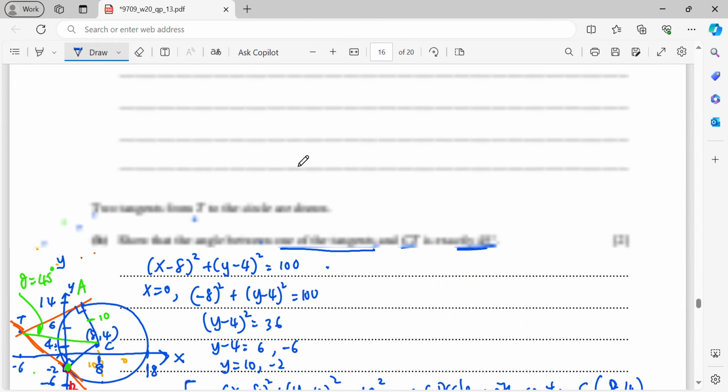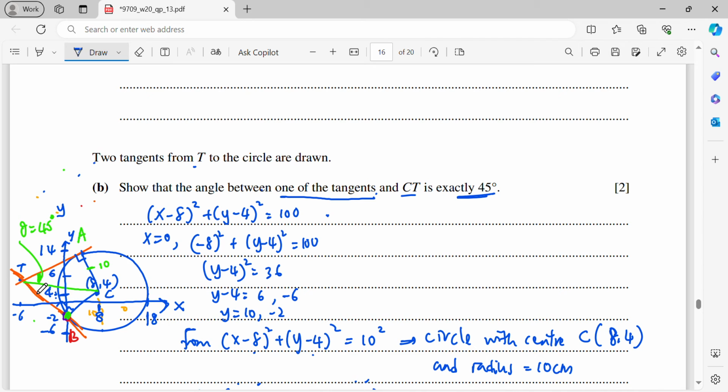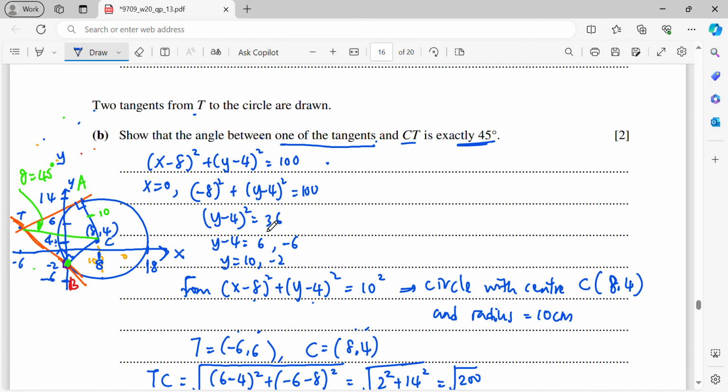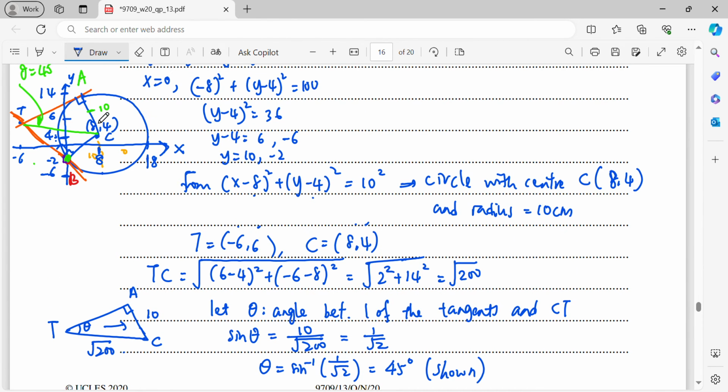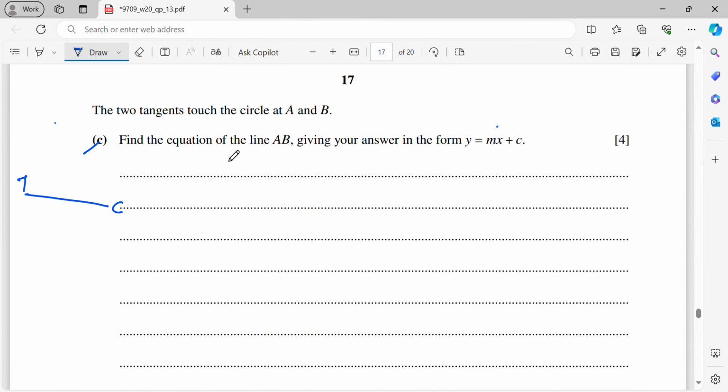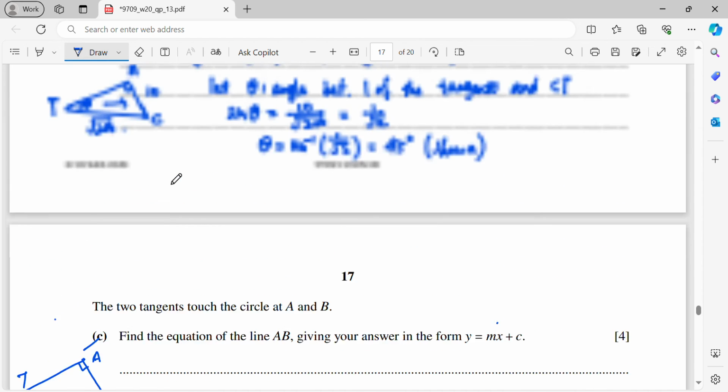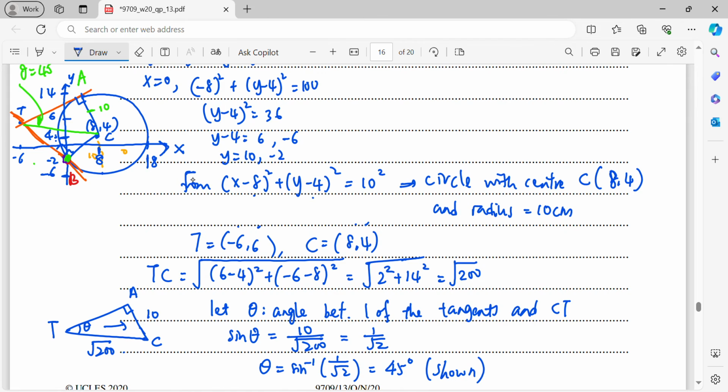So now I'm getting this right now. TC, right? So like this. This is C, this is T. And then I will have A and B. This is my A. Here is 90 degrees, then this is 90 degrees, because it's tangent.